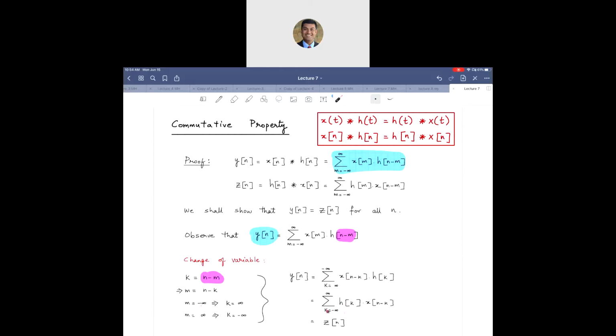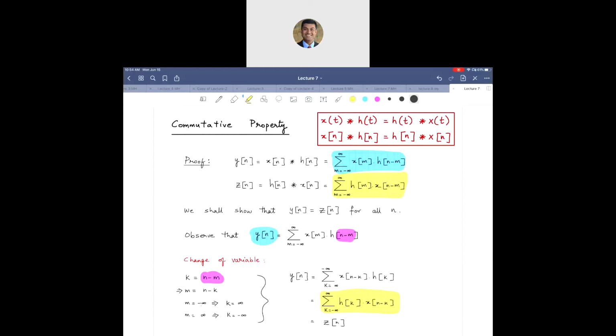All of this is the same as what we had earlier. So if you see this, z is the same as here. The only change being k instead of m, nothing else. So we can write this as z of n, which proves the commutative property for convolution.